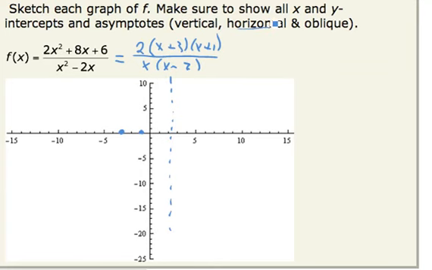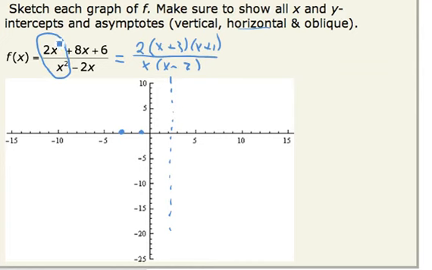To find the horizontal asymptote, I want to know what happens if x is very, very large, either in a negative or a positive sense. Well, if x is very, very large, positive or negative, these are the only two terms that really affect things. 8x plus 6 and negative 2x are relatively small compared to the x squared terms, so these two terms determine the behavior for large positive and large negative values of x.